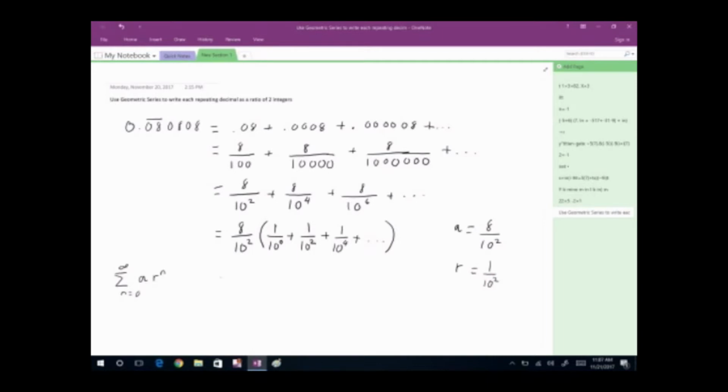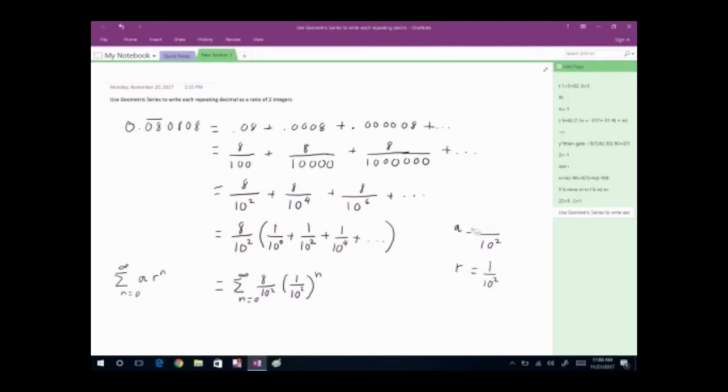Knowing this, we can now express this in terms of a geometric series: the sum from n equals 0 to infinity of 8 over 10 to the 2 power times r, which is 1 over 10 to the 2 power, to the n power, right?